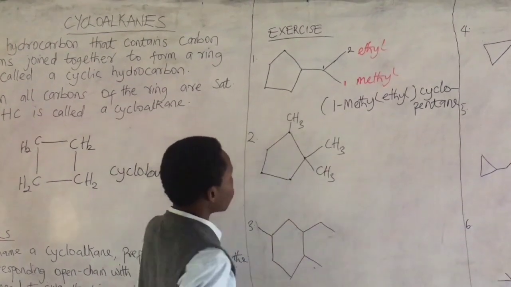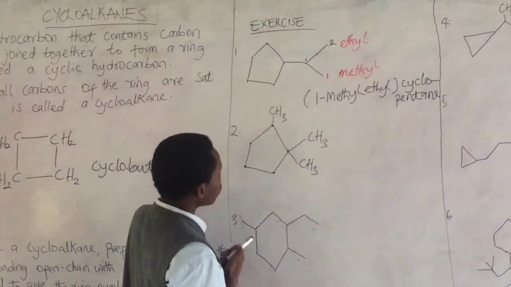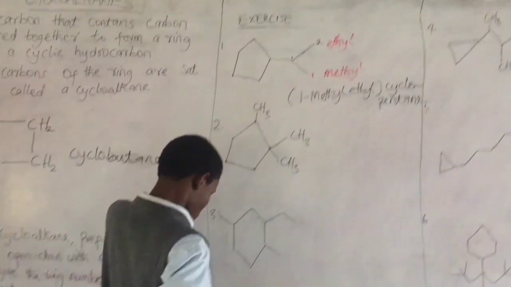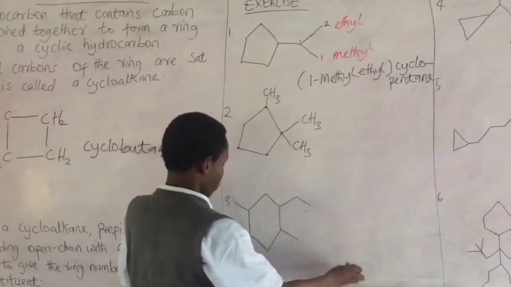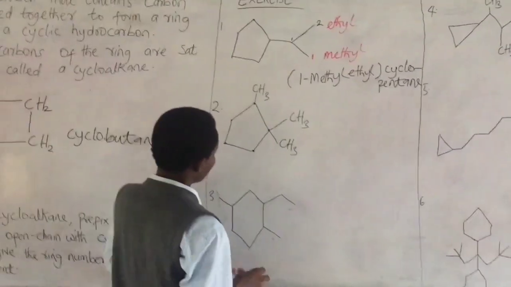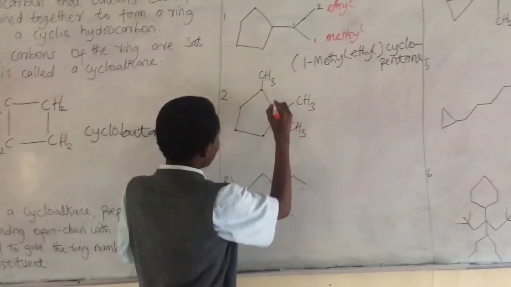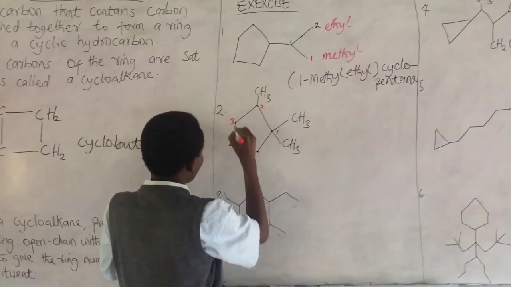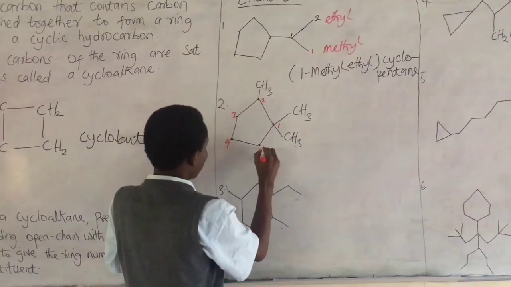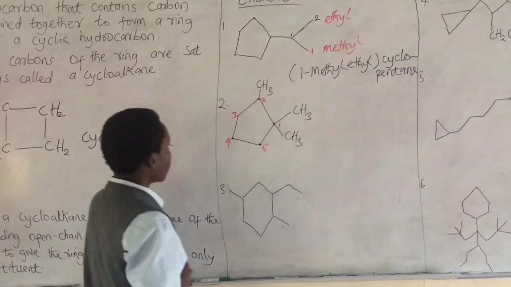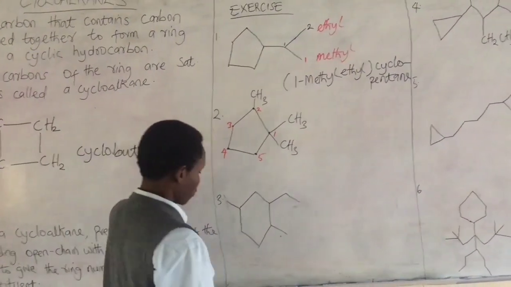The next thing that will be our interest will be the substituents. We have 3 substituents. So if we are numbering this compound, let's use our red. Alright, let's number this compound this way. We have 1, 2, 3, 4, and 5. Apart from that way, we can also number it this way.